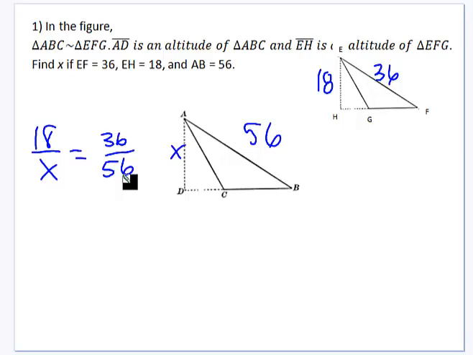What did you start saying, James? Yep, 18 over 36 equals X over 56. Same thing. Okay, that also works. So now how can I solve this? Okay, so 36X should equal, what's 18 times 56?